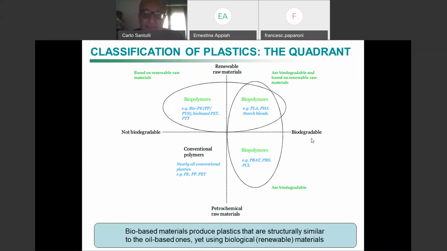As always, there are midways. So there is something which is biodegradable but slow, and there is something which is partly obtained from renewable raw materials and partly obtained from petrochemical materials. Because one of the characteristics in plastic production is the creation of blends. In metals, we call them alloys. Here we call them blends. We blend the different types of plastics.